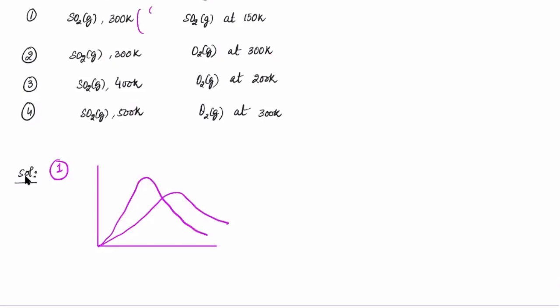M here is 64 divided by 300. Here it is 64 divided by 150. So obviously this is the more dominant value, right everyone? So this curve should be B and this curve should be A. I suppose all of you understood that.